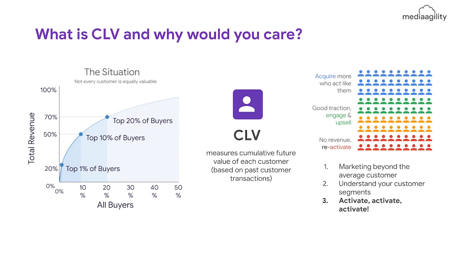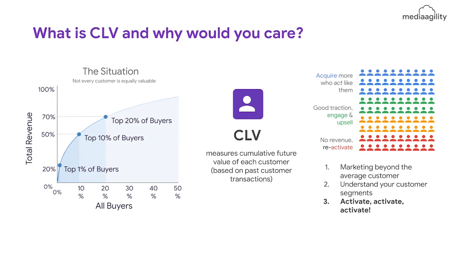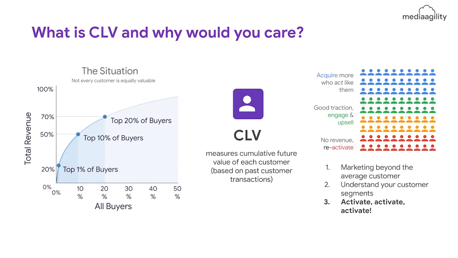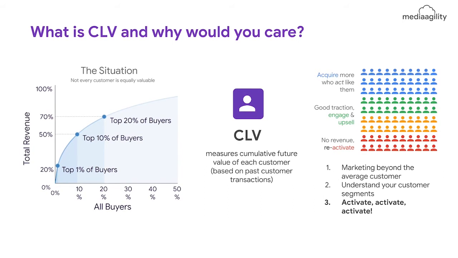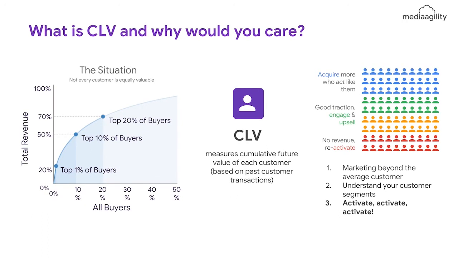So what we want to do is acquire lookalikes of high value customers by running more expensive campaigns there. With our medium level customers, we can run a cross sell, upsell or re-engagement type of campaign, so that we can convert them into high value customers.